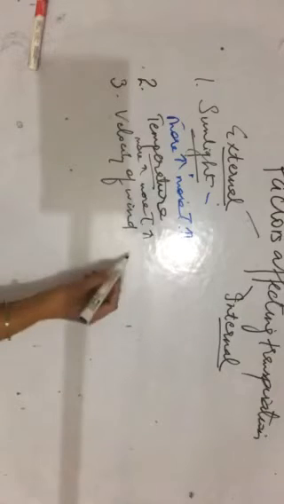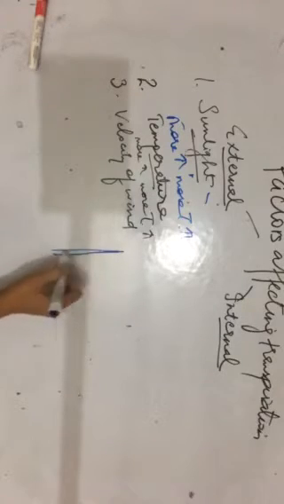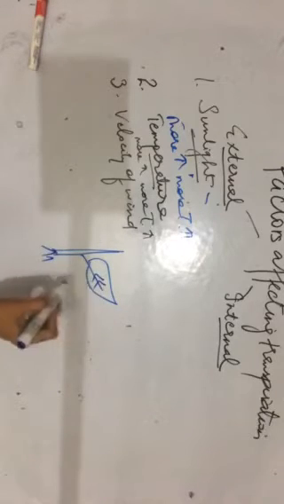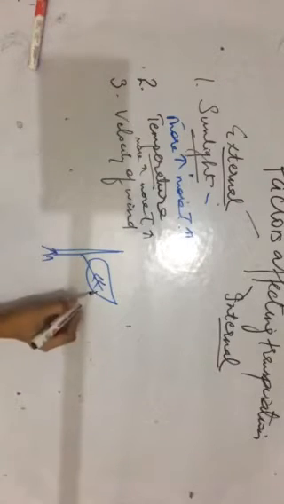Okay, third factor is velocity of wind. Velocity of wind means with how much speed the wind is blowing. For example, this is a plant, this is the leaf. Now transpiration is happening through the leaf, right? Let us say some of the water molecules are coming out. The wind can blow in any direction.